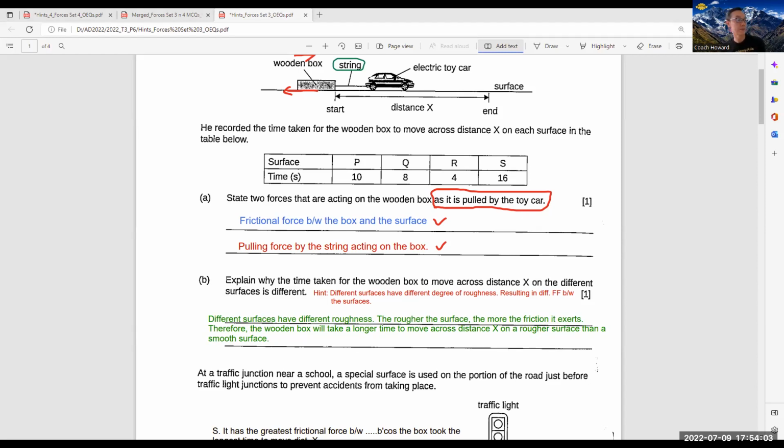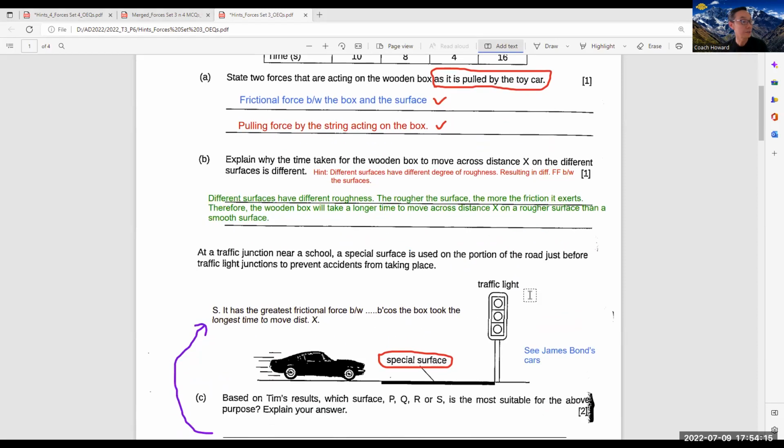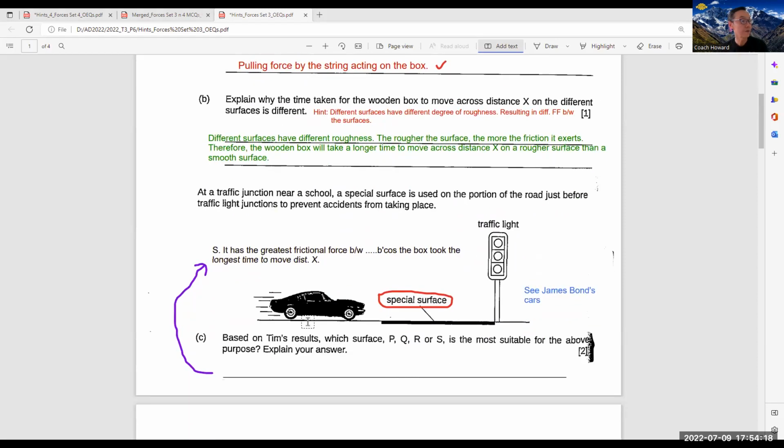Okay, let you copy down this one for those who need help. Okay, for this one, part C. Part C, which surface is most suitable to stop the car?